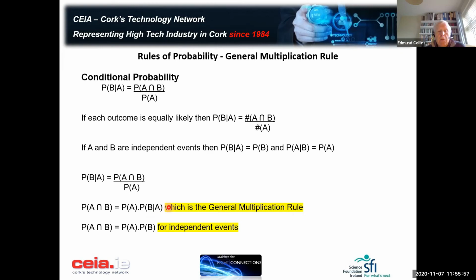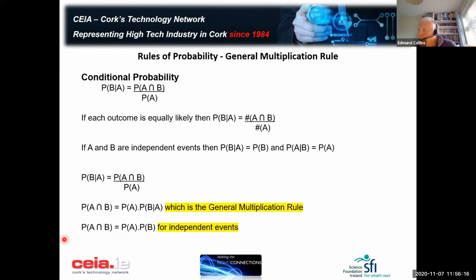That simplifies down into the probability of A and B equals the probability of A multiplied by the probability of B for independent events.